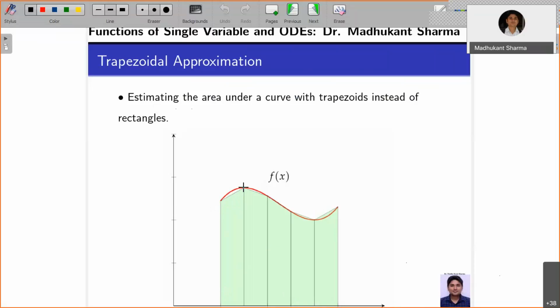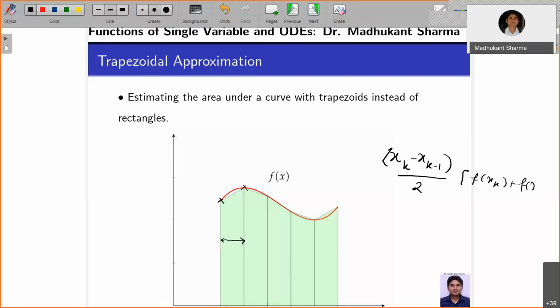Then if you join the left-hand point and right-hand point by a straight line, that creates a trapezium, with f of x naught, f of x1, and the width. For the ith subinterval, the area of that trapezium is given by xk minus xk minus 1 by 2 times f of xk plus f of xk minus 1.